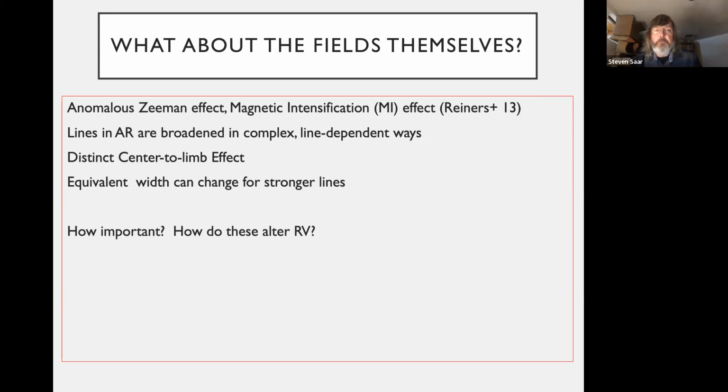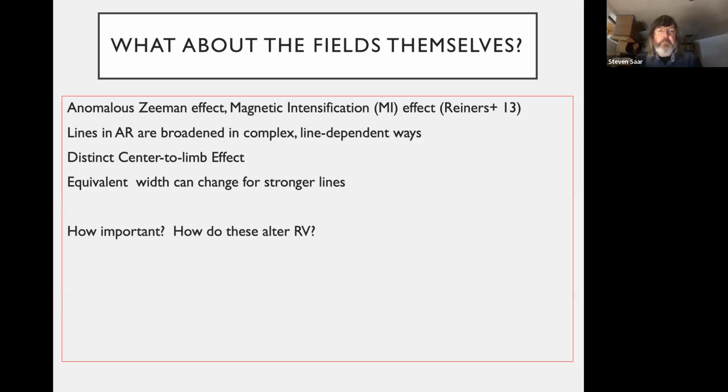There's sort of two main things going on here. There's the anomalous Zeeman effect, which is that not all lines are simple triplets, and magnetic intensification, which comes about because with magnetic fields, the splitting of lines basically gives you more wavelength space that you can absorb out of, and that can increase the equivalent width of your local line in the magnetic region.